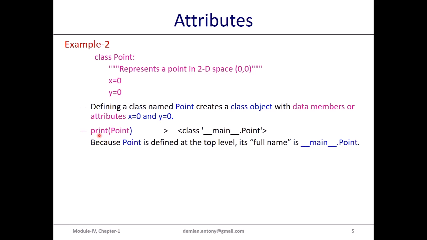And if you print this point, we get this result, class __main__.point, because the point is defined at the top level. That's why the full name of this point is __main__.point.